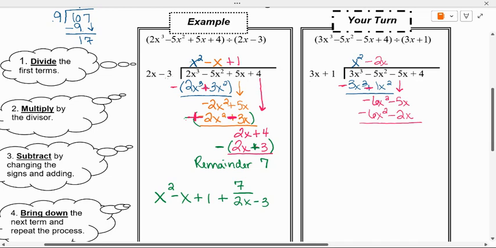Okay. You subtract by changing the signs and adding. So the opposite of a negative is a positive. Negative 6x squared and positive 6x squared cancel each other out, which is what we want. Negative 5x and a positive 2x give me a negative 3x. Bring down my positive 4. Okay.